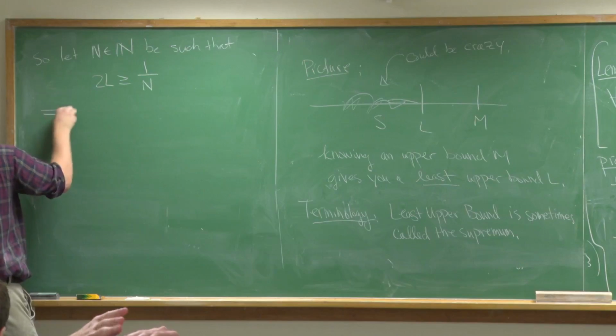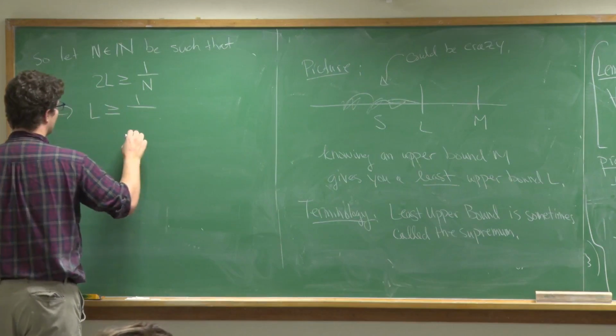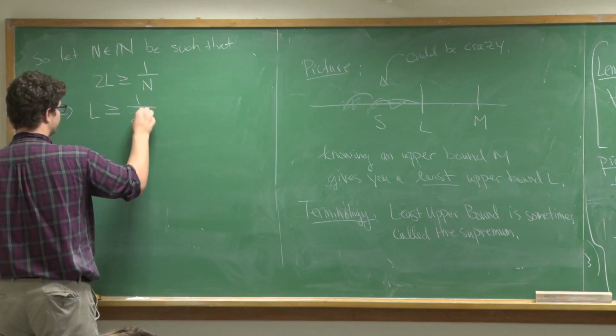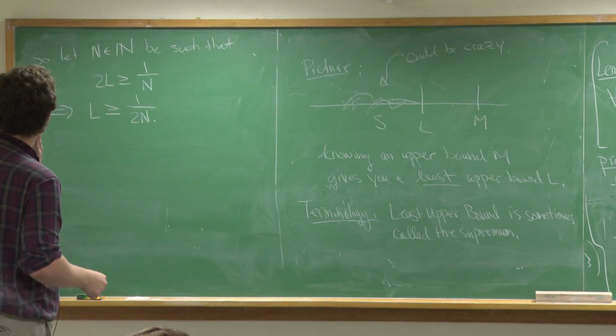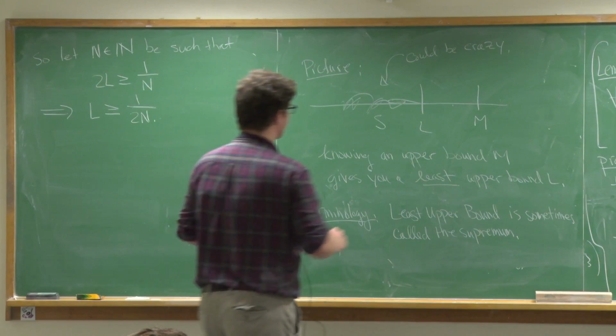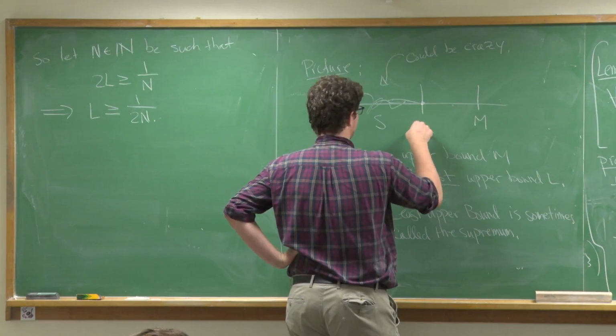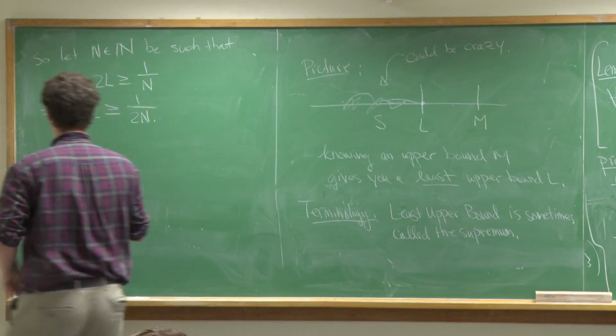Okay, so this implies that L is greater than or equal to 1 over 2n. So now we have something like here, this is greater than or equal to 1 over 2n.